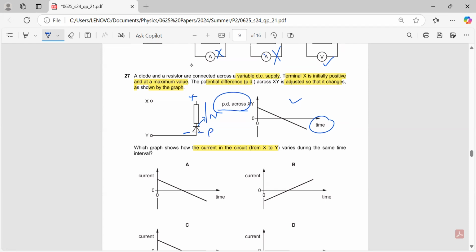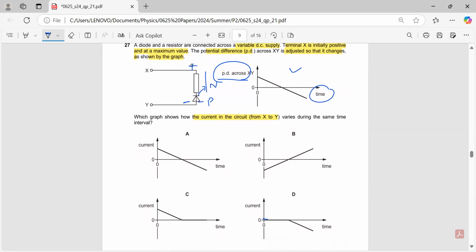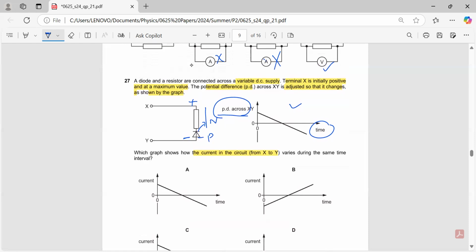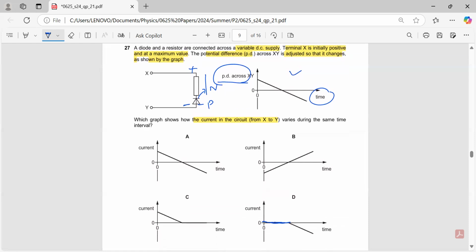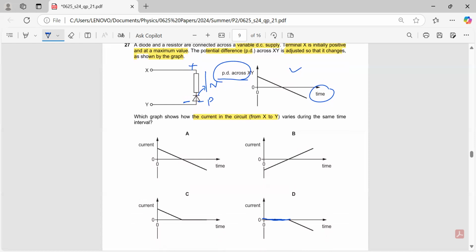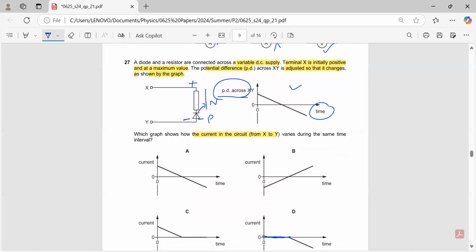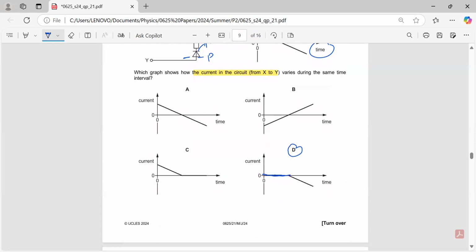So we see in options A, B, and C that the current is flowing, but in option D the current is not flowing initially. So option D is correct. Later on, when this side is negative and positive, it will be easy for us to say that the current will flow through it, because it's a varying supply, right? So option D is correct.